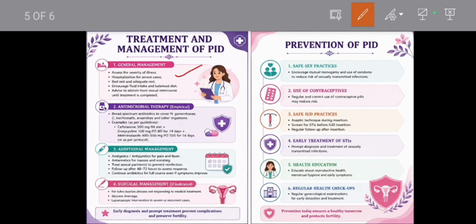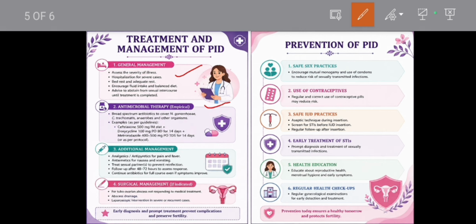Then bed rest and adequate rest should be given, then proper fluid intake, a balanced diet, then advice not to have sexual intercourse till the treatment is completed should also be given. Health education about bed rest, the importance of a balanced diet and all should be given.